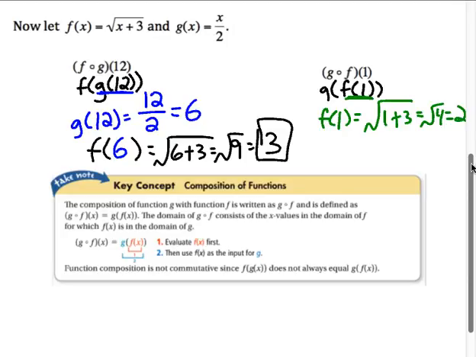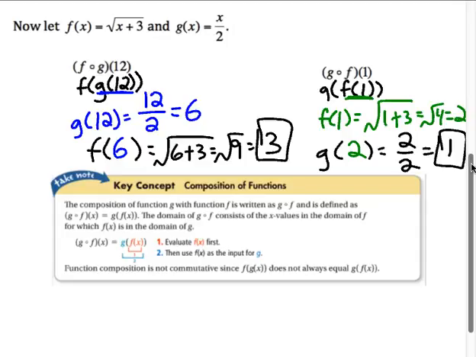So f of 1 is just the number 2. So I'm going to replace f of 1 with that number 2 in the g function. So 2 over 2 will just give me the number 1.